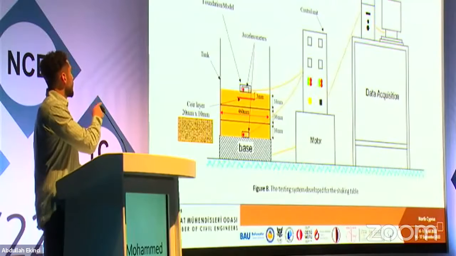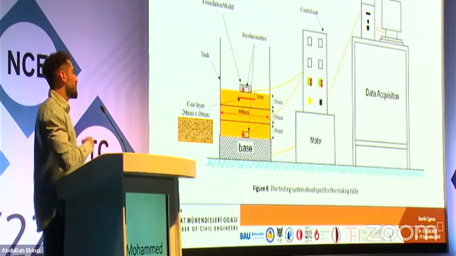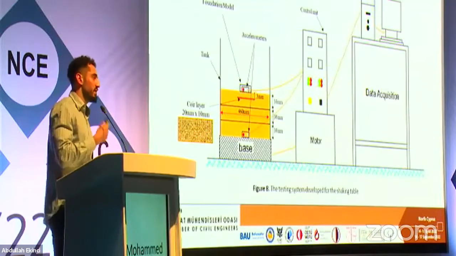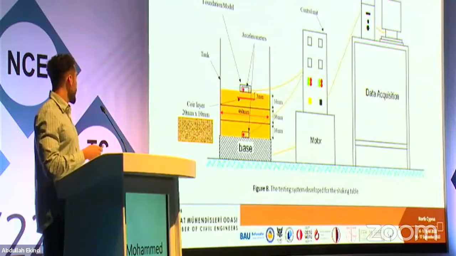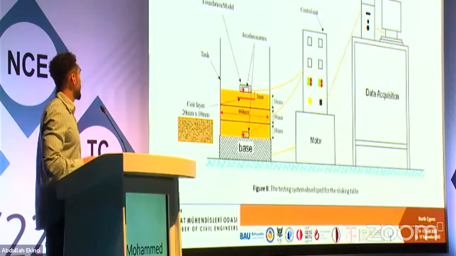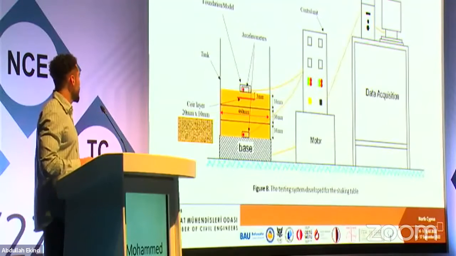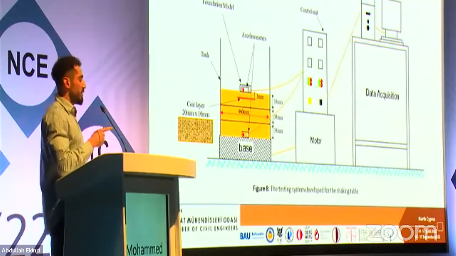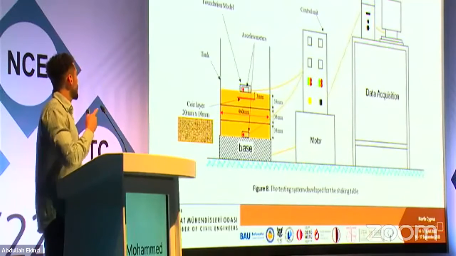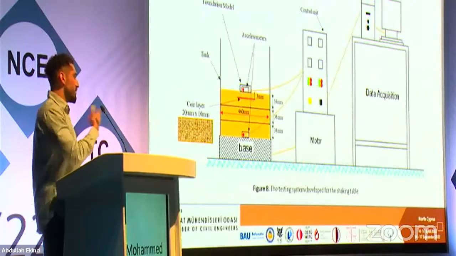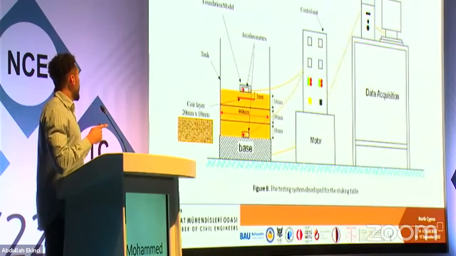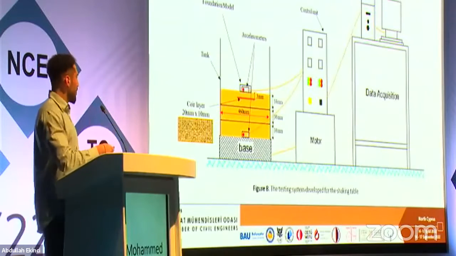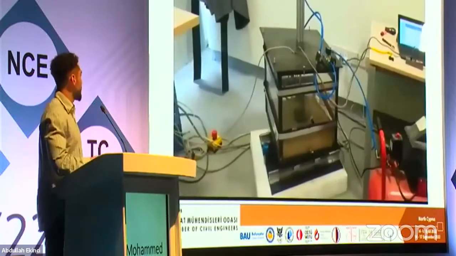This is connected to the computer where the data is being collected, and where we can reduce the seismic parameters. The coir layer is placed underneath the foundation in the middle. The sand is compacted and there were calculations made. We can discuss this in the Q&A later. And I will show the demonstration in here. So this is the complete system.